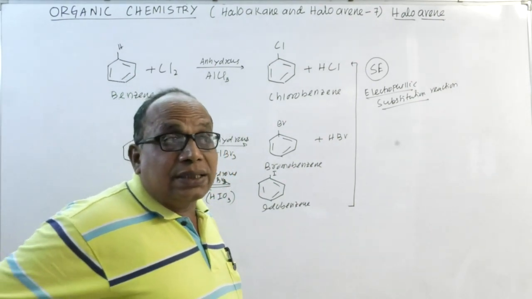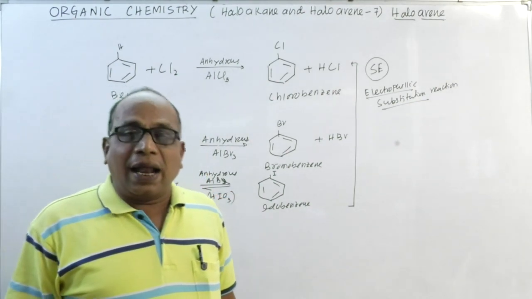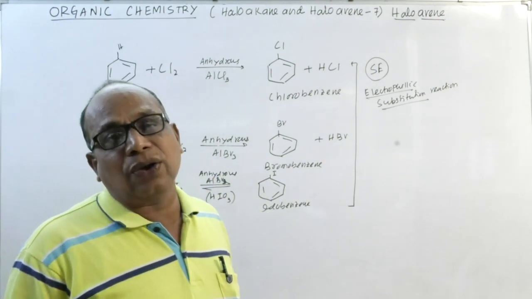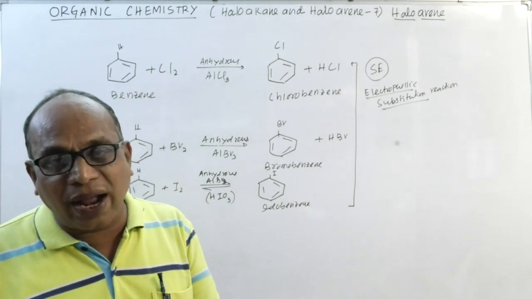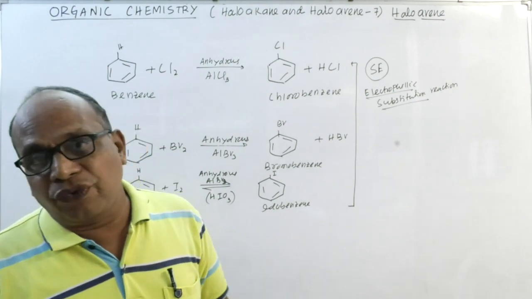That is, the benzene is treated with a suitable halogen in presence of a halogen carrier, that is anhydrous aluminum chloride, anhydrous ferric chloride, anhydrous zinc chloride, even in presence of iron filings.